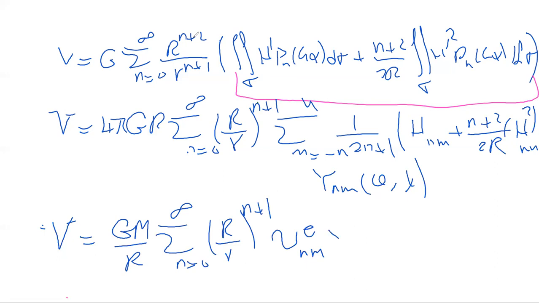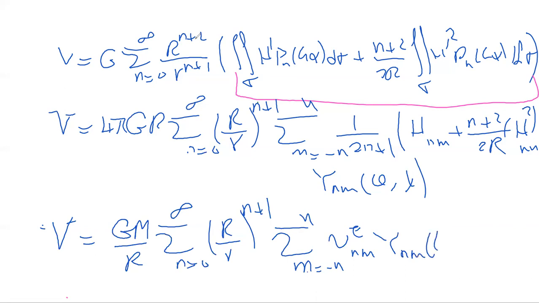Oh, I missed the summation. V_nm external or direct, Y_nm(theta, lambda).